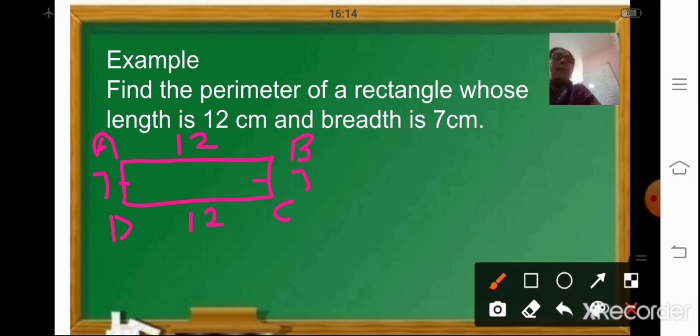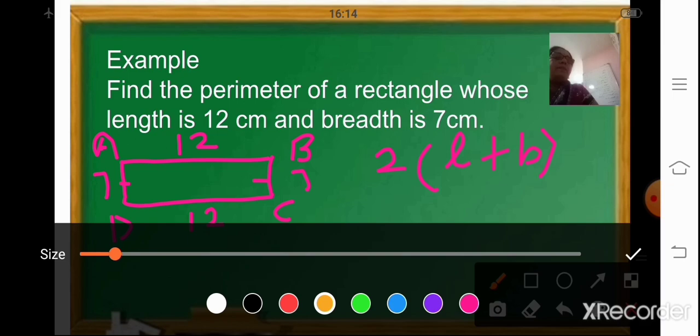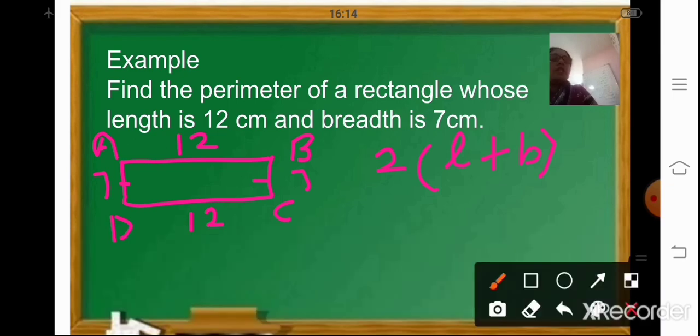Now how will you find the perimeter? The formula to find the perimeter of a rectangle is 2 into length plus breadth. So what is your length? Your length is 12 centimeter. So 2 into length plus breadth, that is 12 plus 7.